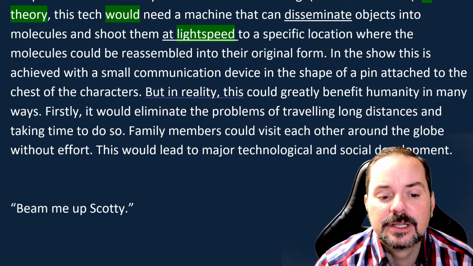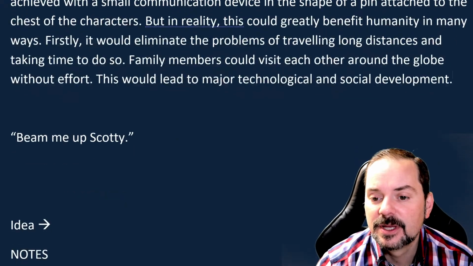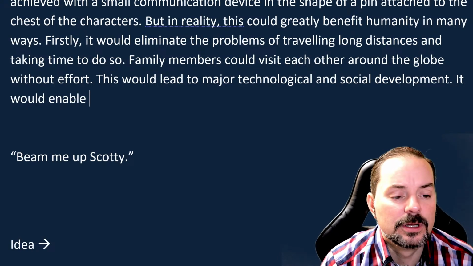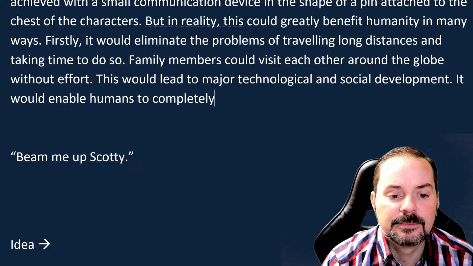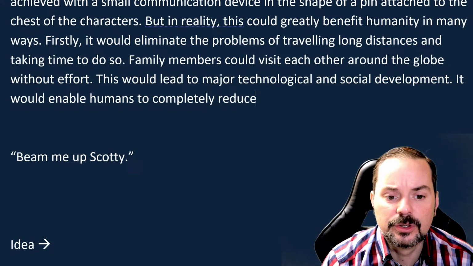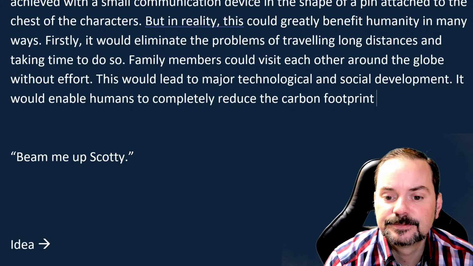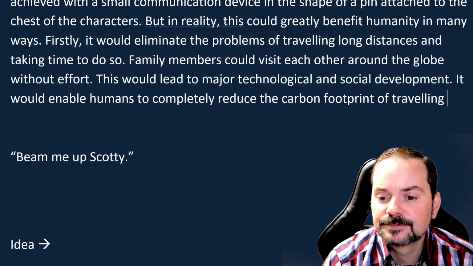Okay, and this would lead to major technological and social development. It would enable humans to completely reduce the carbon footprint of traveling.